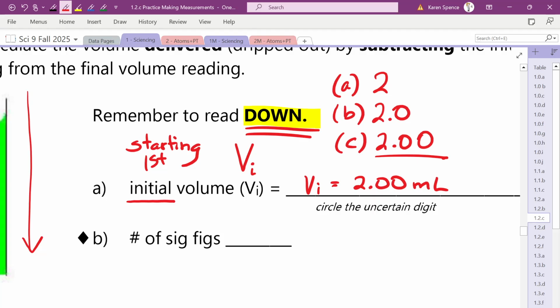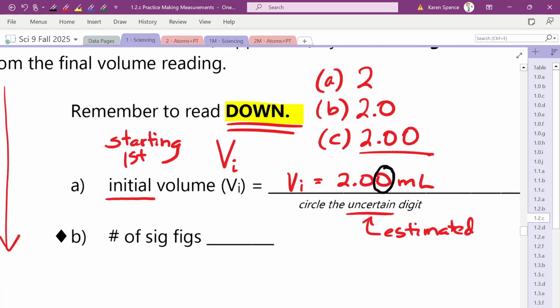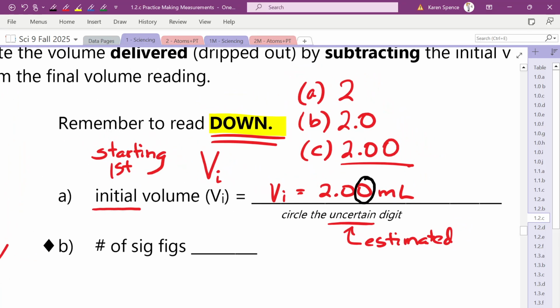milliliters. Which of those is our uncertain digit? And by uncertain digit, we mean the estimated digit. Yes? The very last one, the third one. Okay, so we could circle that. And how many sig figs are in this number?